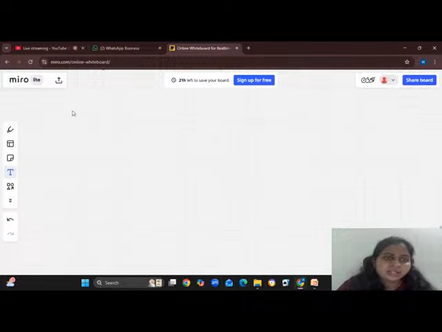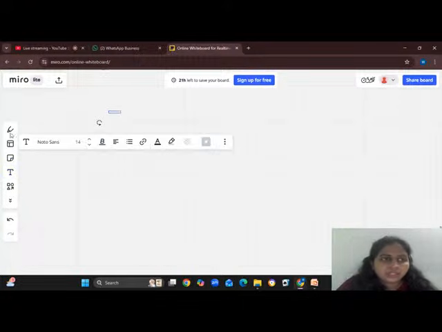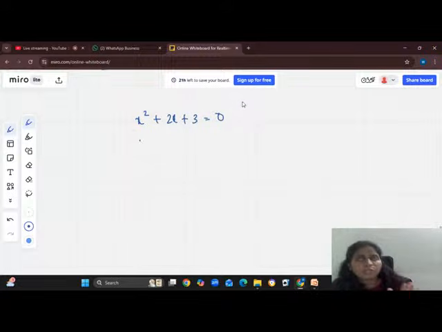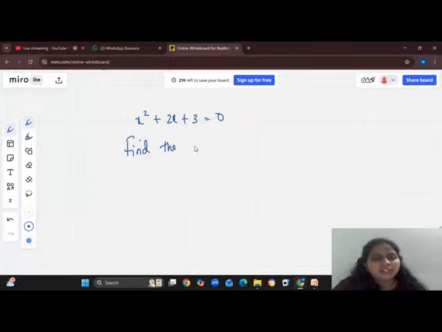And another thing is, they will give equations like this. Okay. And they will also give another equation, like two equations they will give you, and they will tell you to find the factors. Find the roots, most commonly used word, roots of this equation.